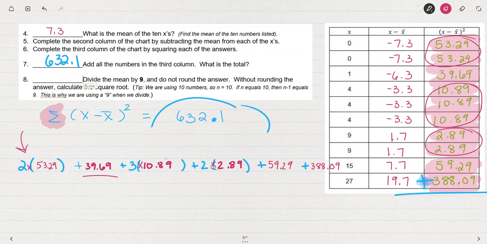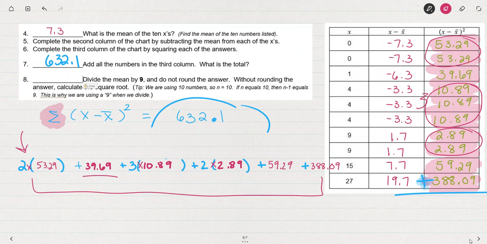Or in other words, I used multiplication and said 3 times 10.89 is the same as 10.89 plus 10.89 plus 10.89. Not only is putting this into the calculator in this way a little quicker, but it's also more efficient and is going to give me less opportunity for making a mistake. So anytime that you can find a way to be more efficient, we really ought to do that.